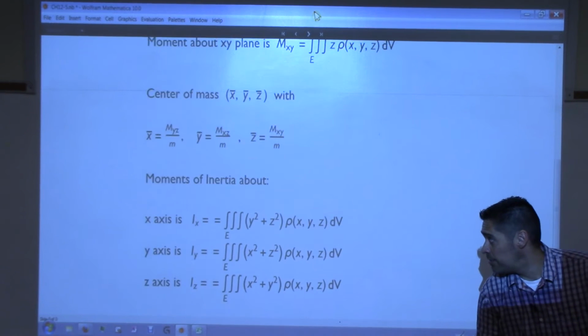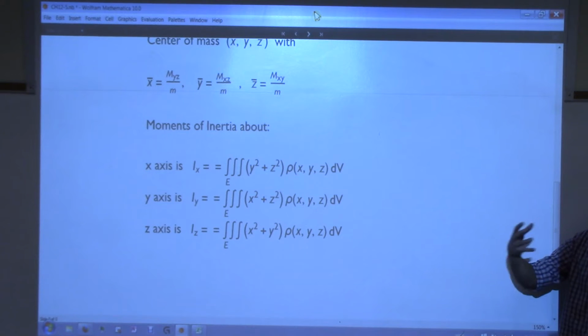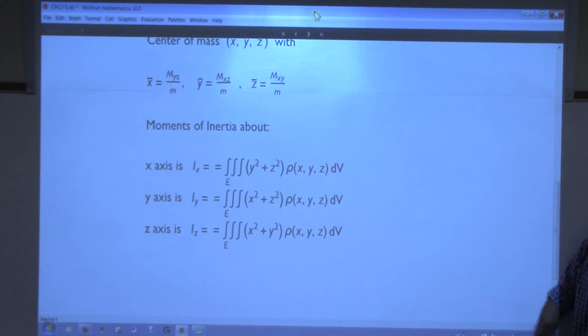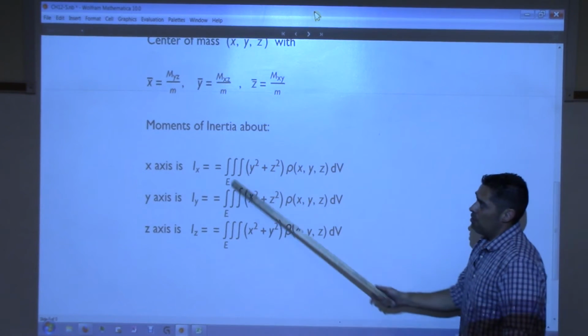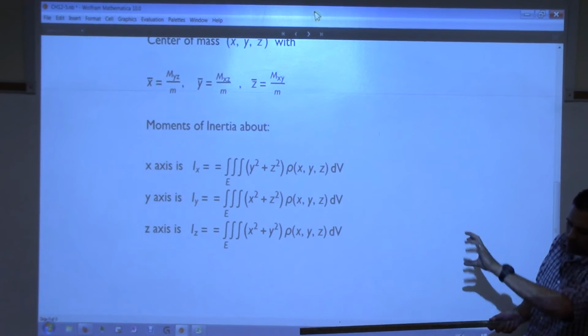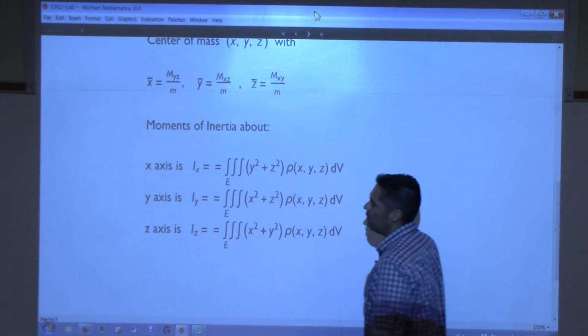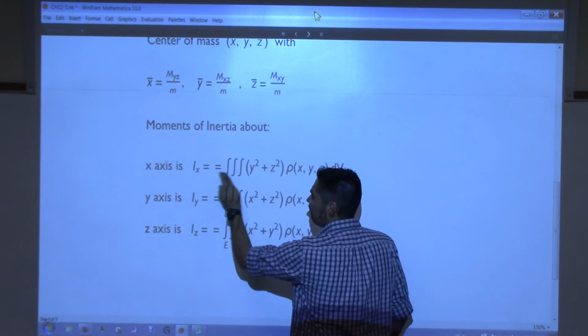Then you have the moments of inertia, which is the object's resistance to motion, to being rotated about something. So if you want to know the moment of inertia about the x-axis, so you have this object, you're trying to rotate it around the x-axis, its resistance to that motion is going to be measured by this triple integral.